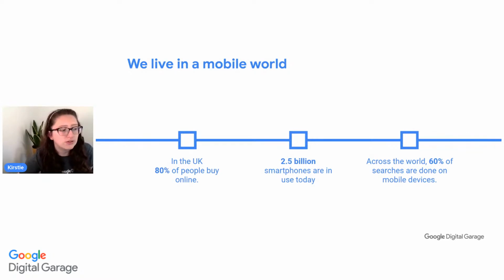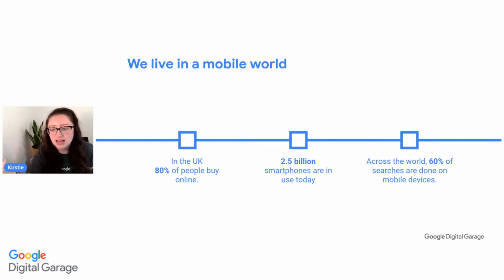2.5 billion smartphones are in use today. That's a lot of smartphones. Some people have 2 smartphones. They have a work phone and a home phone, or like a casual phone, a social phone. And across the world, 60% of searches are done on a mobile device.